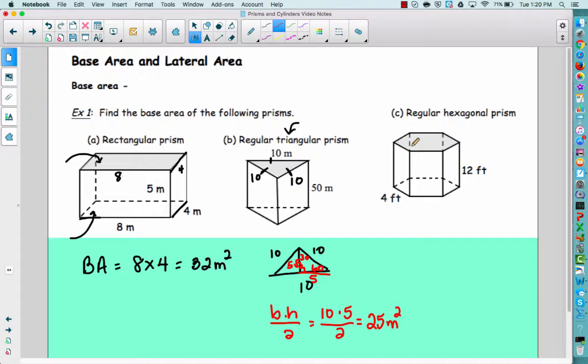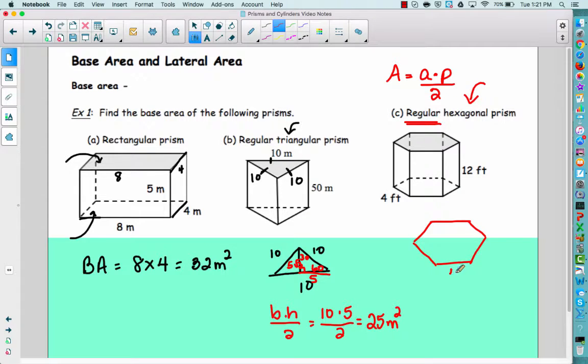Okay, so you might have to use the area of a rectangle. You might have to use that triangular area formula. And the last one's a hexagonal prism, but it says it's regular. Now, we don't have a formula for a hexagon, but we do have a formula for a regular polygon. So as a reminder, the area of a regular polygon is the apothem times the perimeter all over 2. So I'm going to look at the area of this base.